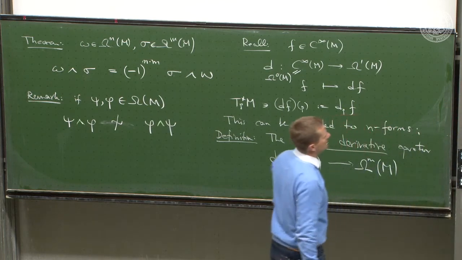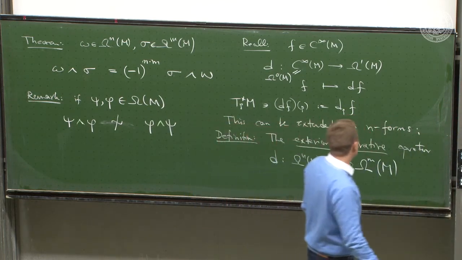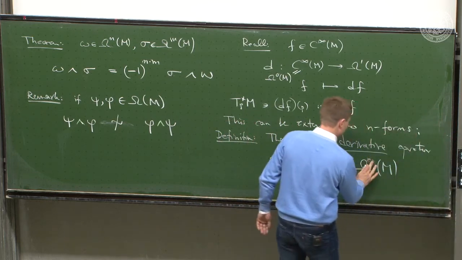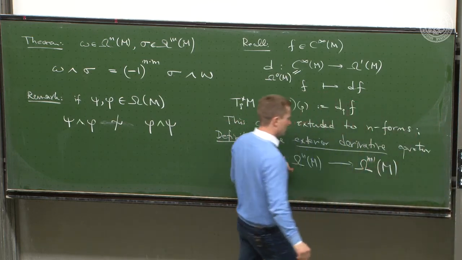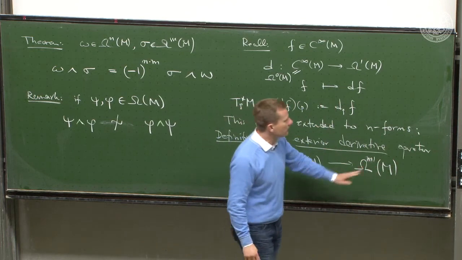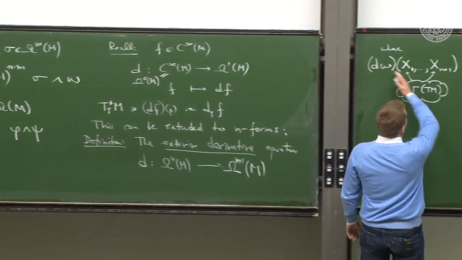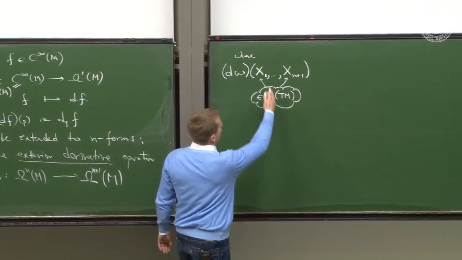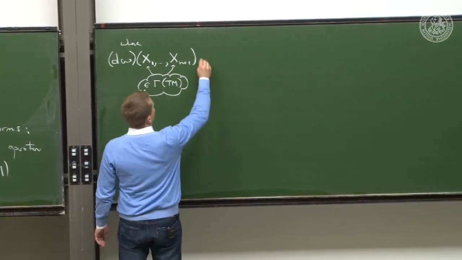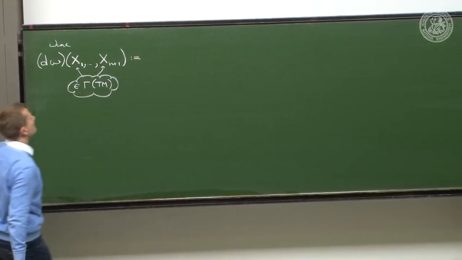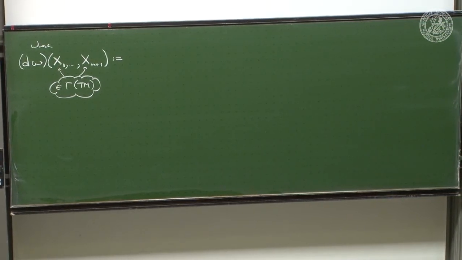I raise the degree of the form by 1. If I have this (n+1)-form act on n+1 vector fields, and I know how that works, then it's defined. So how is this defined?